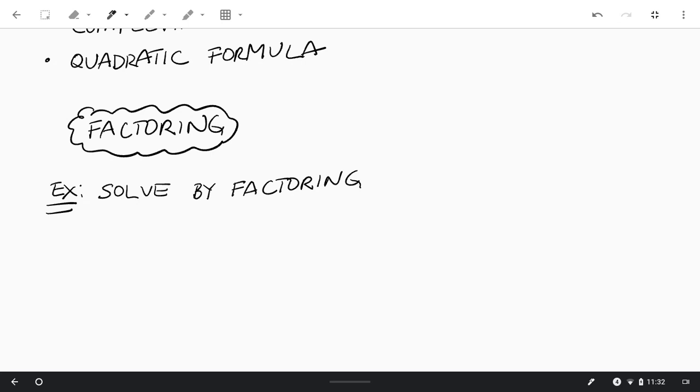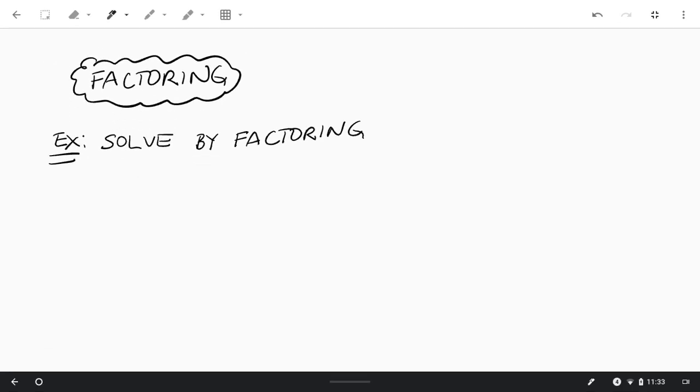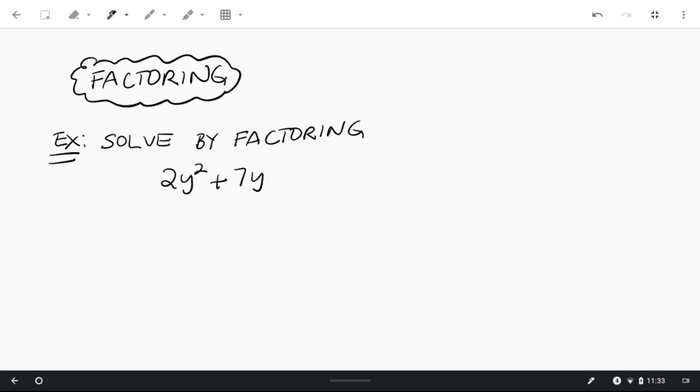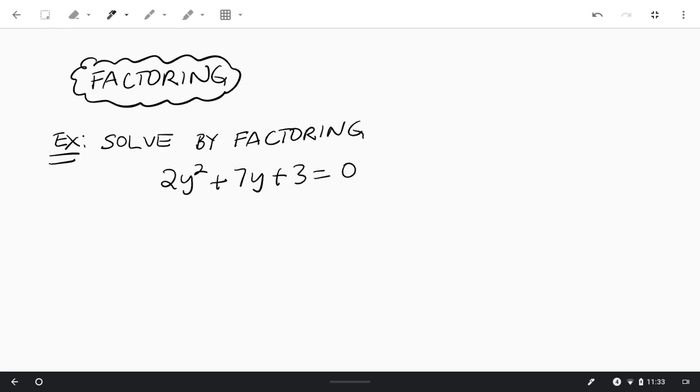And let's suppose that we have this equation. Suppose that I have 2y squared plus 7y plus 3 equals 0.